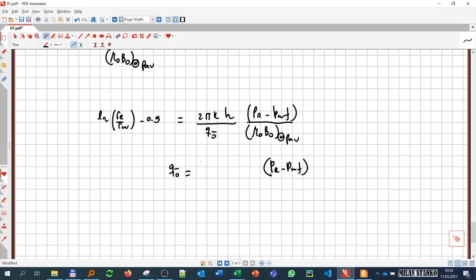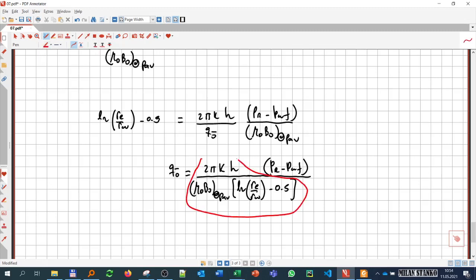And here I have what is called the J, which is 2 pi kh divided by mu BO at average, times the ln of re over rw minus 0.5. All of this is my J.